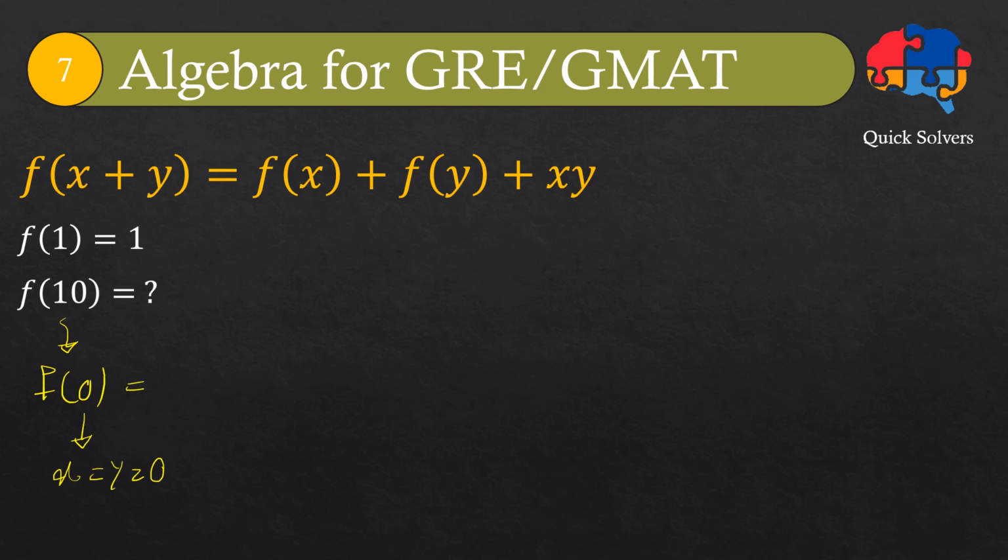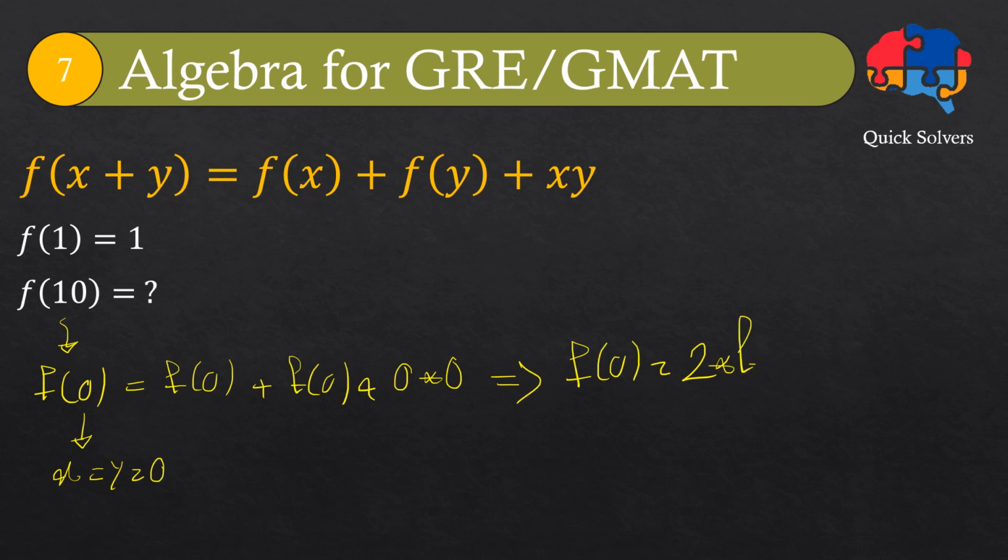Then I can rewrite this according to the definition of this function as f of 0 plus f of 0 plus 0 times 0. And this is telling me that f of 0 is 2 times f of 0, and from this I can conclude that f of 0 is 0.